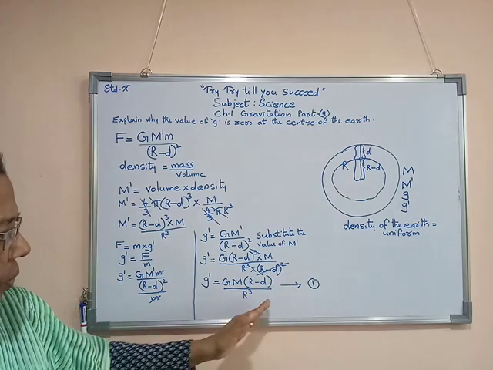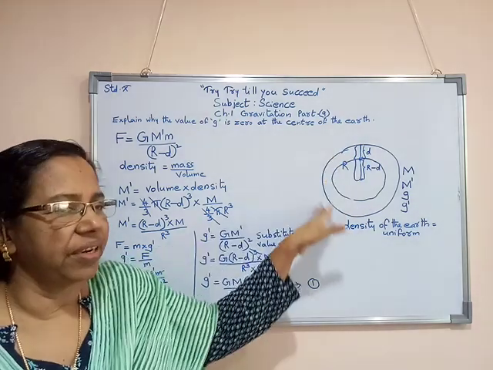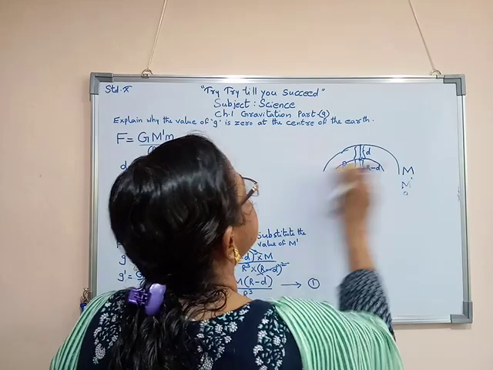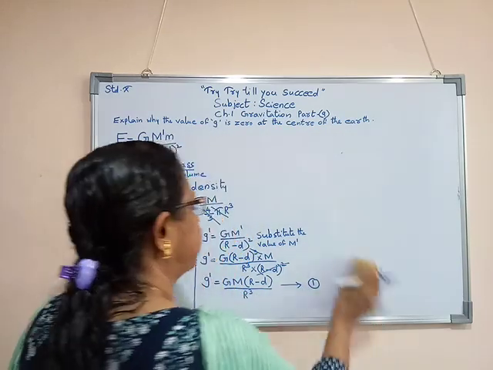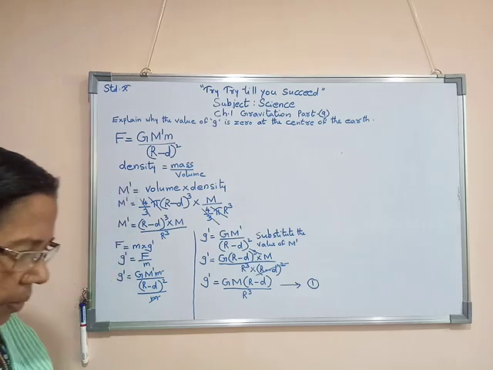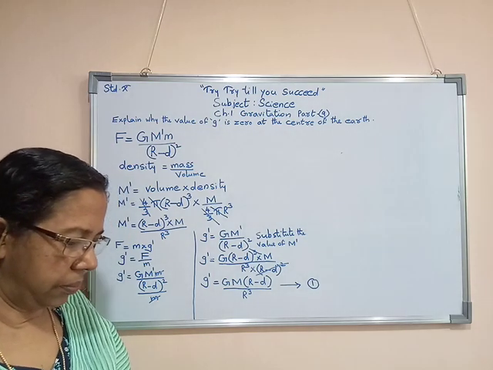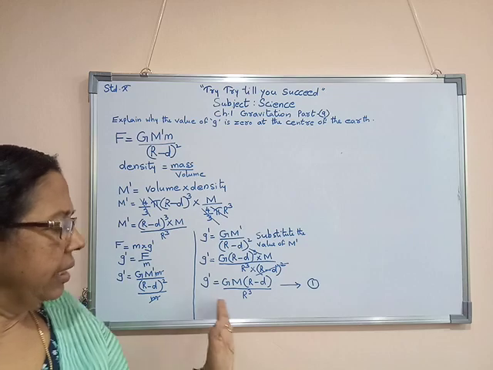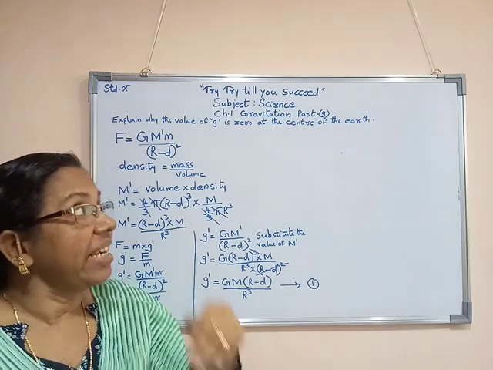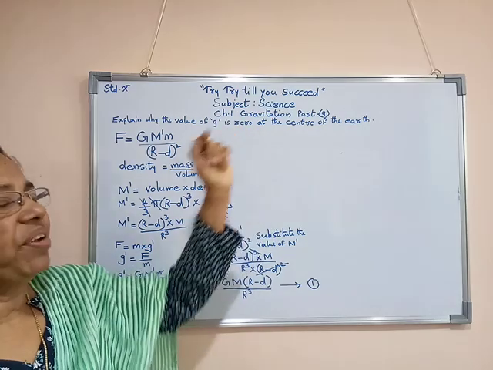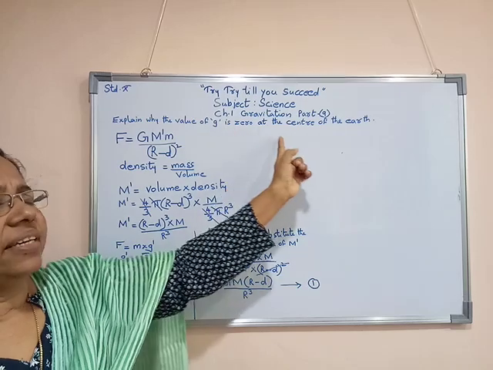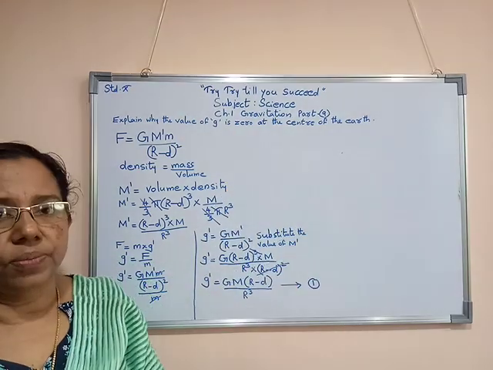Now children, I am going to rub this figure. Now listen, actually we wanted to prove that the value of small g at the center of the earth is 0.